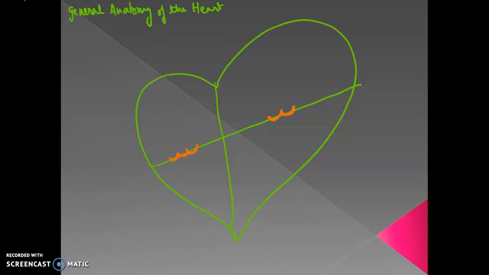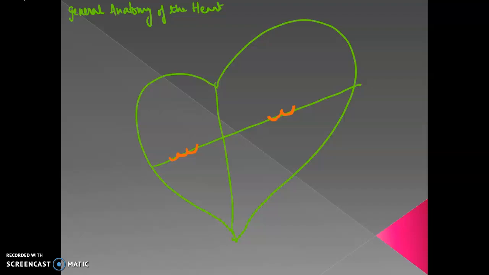Okay, moving on to the general anatomy of the heart. Again, in a regular class, I draw things out on the whiteboard, and I'm trying to replicate the same here. So this is my version of the heart, not the prettiest, but it works for students. So I have drawn a 4-chambered heart.